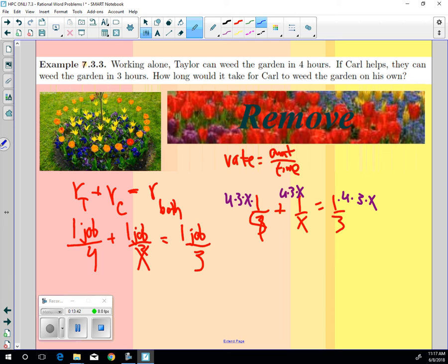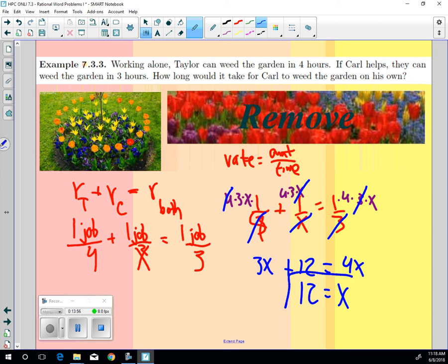And notice that the 4's will cancel, the x's will cancel, and the 3's will cancel, leaving 3x plus 12 equal 4x. Subtracting 3x, and you'll get x is equal to 12. So Carl, if he only takes an hour off of that, he's pretty slow. He can do the job in 12 hours.